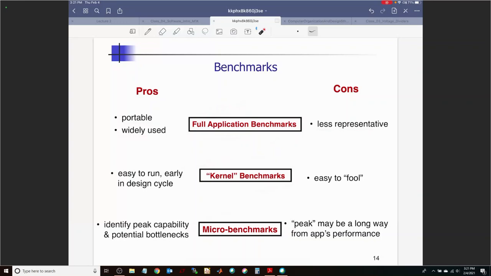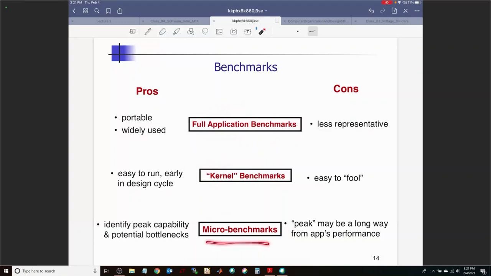If you go down to the operating system, which is in the middle of all the applications and users and the actual hardware, operating system benchmarks are easy to run because they can be hosted by your local operating system, but they're also easy to fool because it is a manager for all the CPU schedulers. So you can twist the kernel benchmarks to get the numbers that you would want.